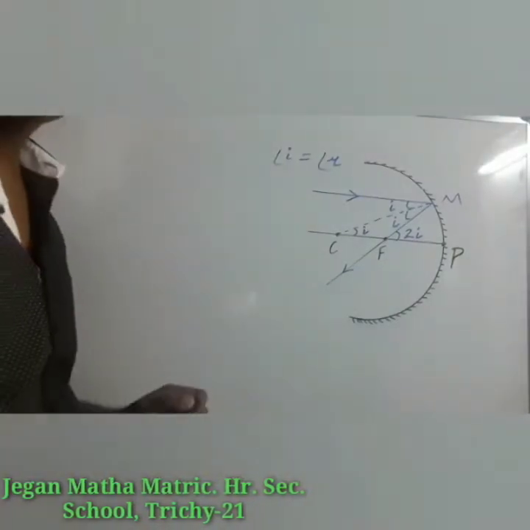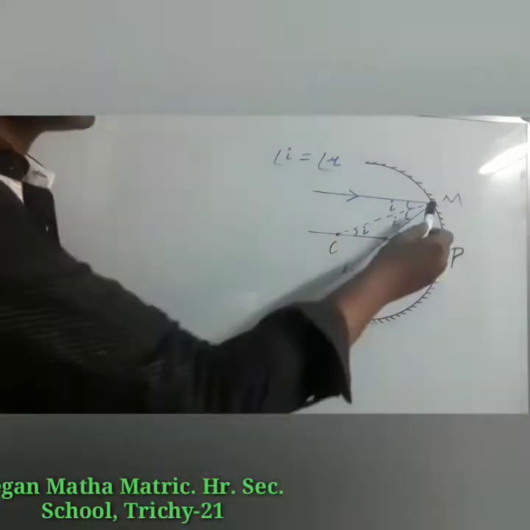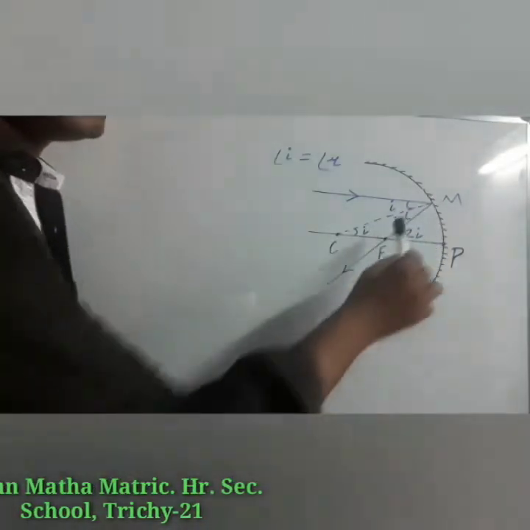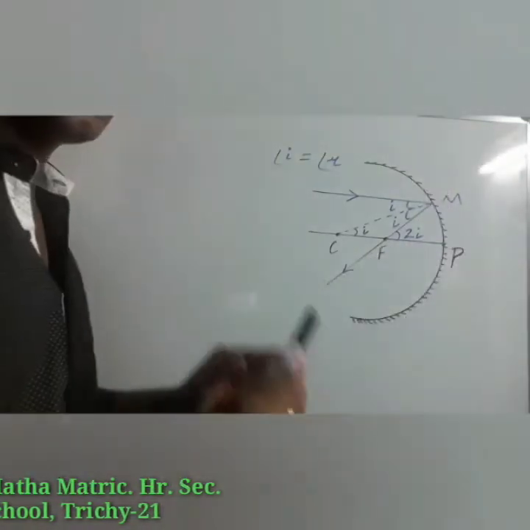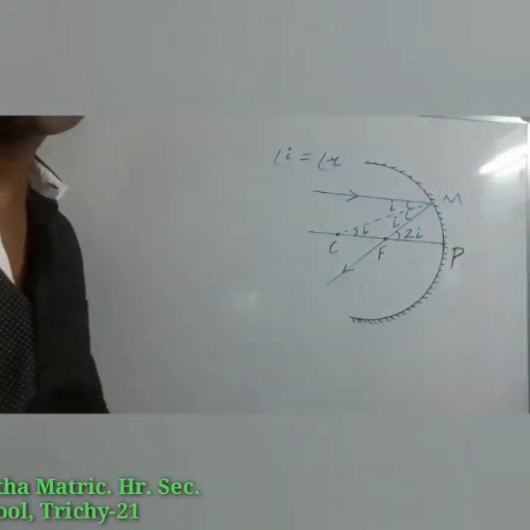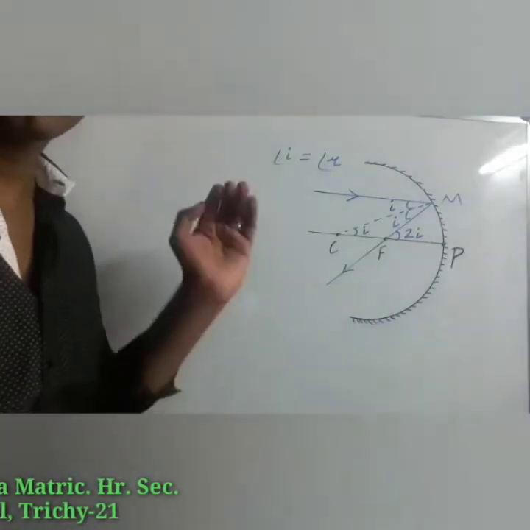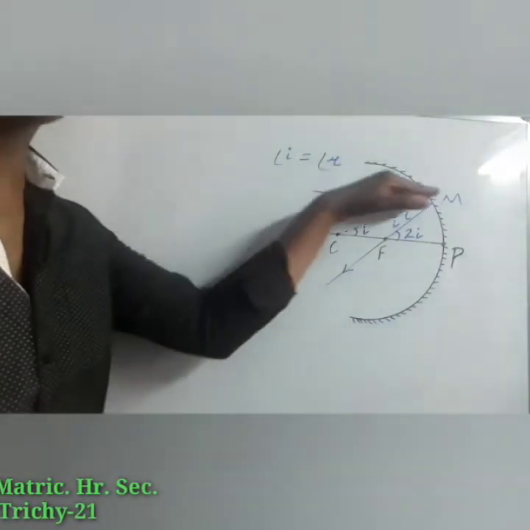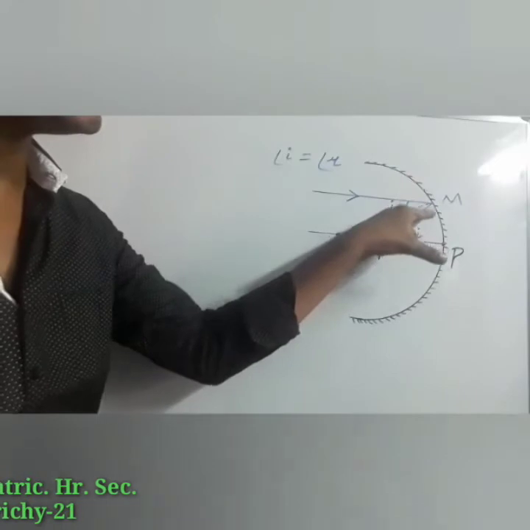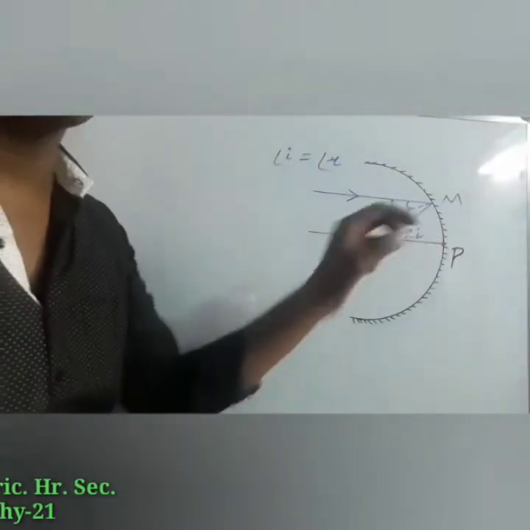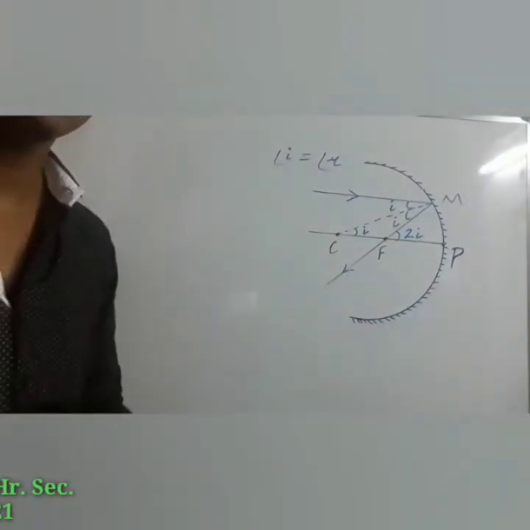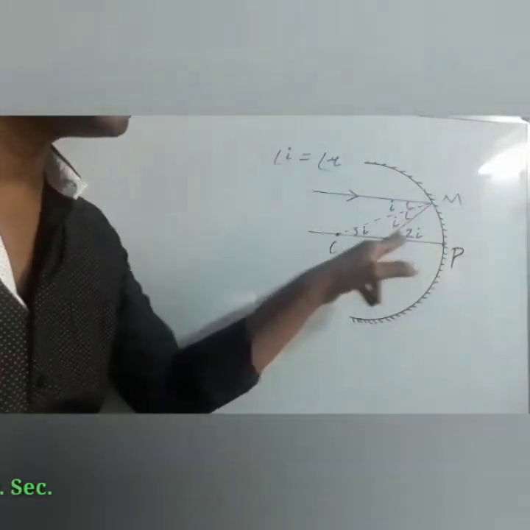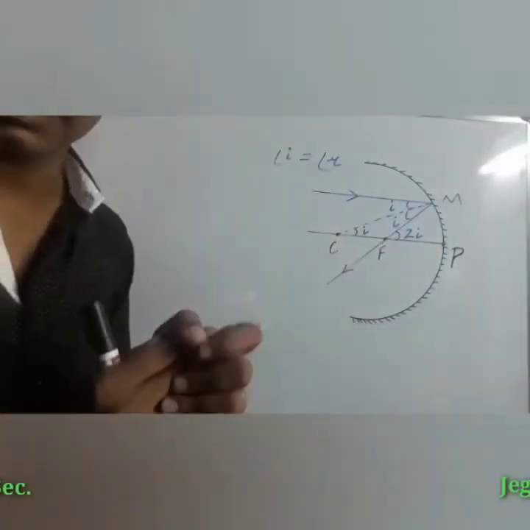Now you can see two right angle triangles, MCP and MFP. Let us take MP as a perpendicular line, because we are considering the paraxial rays which are very near to the pole. So MP can be considered as a perpendicular line, and we can take the two triangles as right angle triangles.